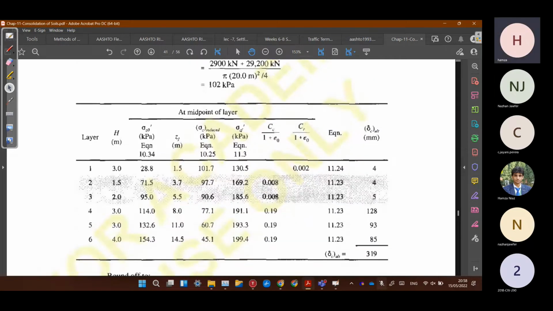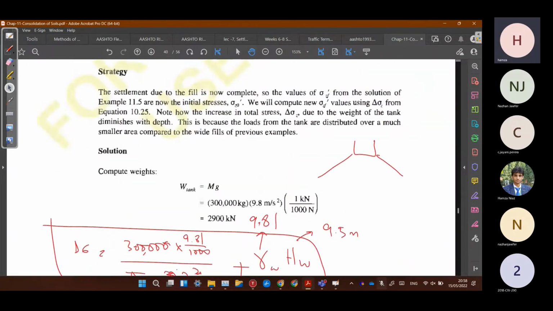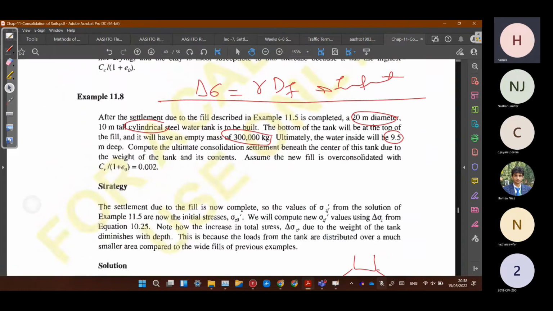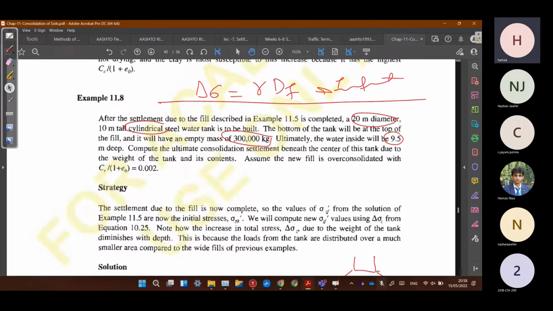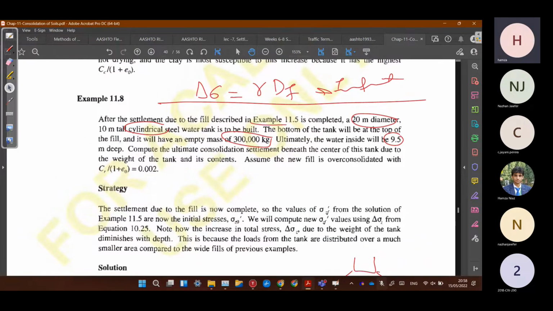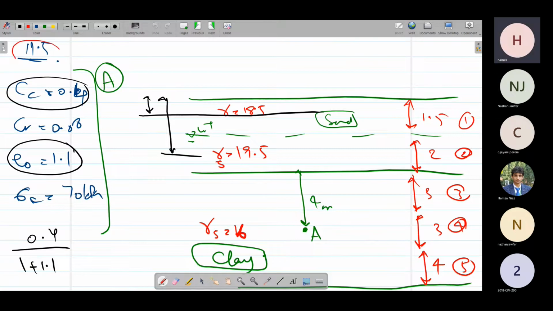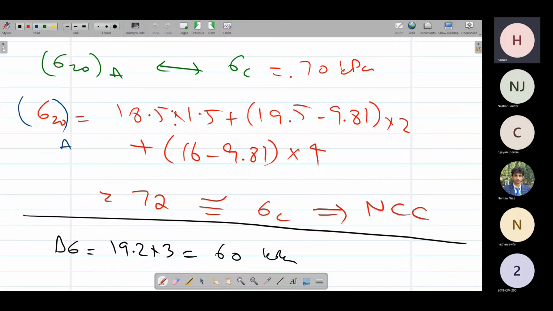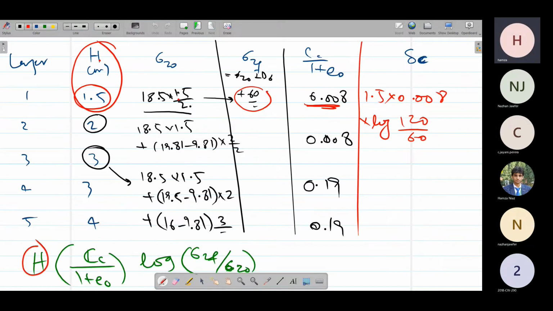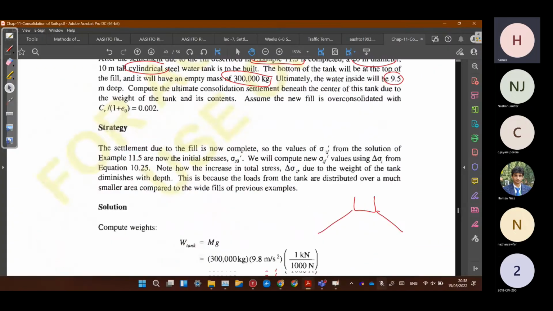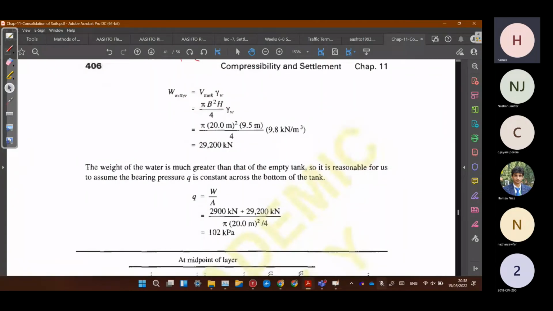Now after doing this, check whether the soil is normally consolidated or over consolidated. In this case, they are saying to use the data in example 11.5, which we solved here. So in this case, we know the soil was normally consolidated, so we do not need to do that again.